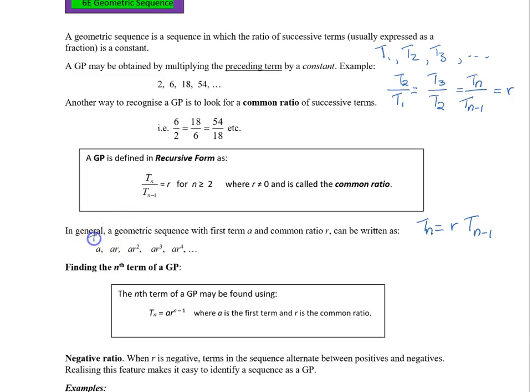So that would be T1, and there's no r, it's r to the 0. This would be T2, and it's r to the 1. This would be T3, and it's r to the 2. So you can see that the power of the r is 1 less than the number of the term.